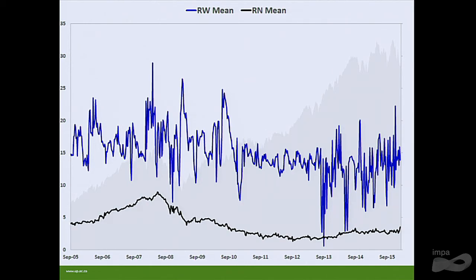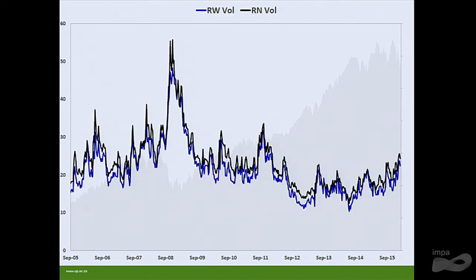They do correspond, interestingly enough, to the ex-post 10-year real-world observed returns. In the background, I've just shown the total return of the index over that period. Similar thing for your real-world versus risk-neutral volatility.